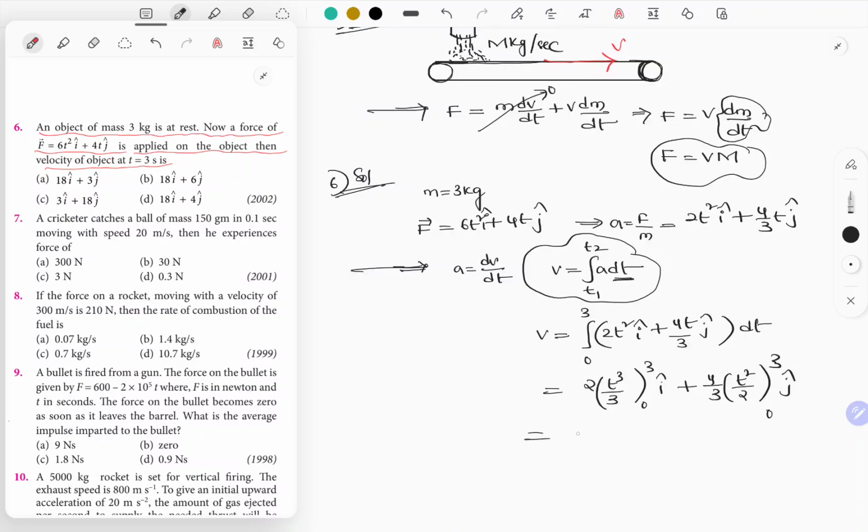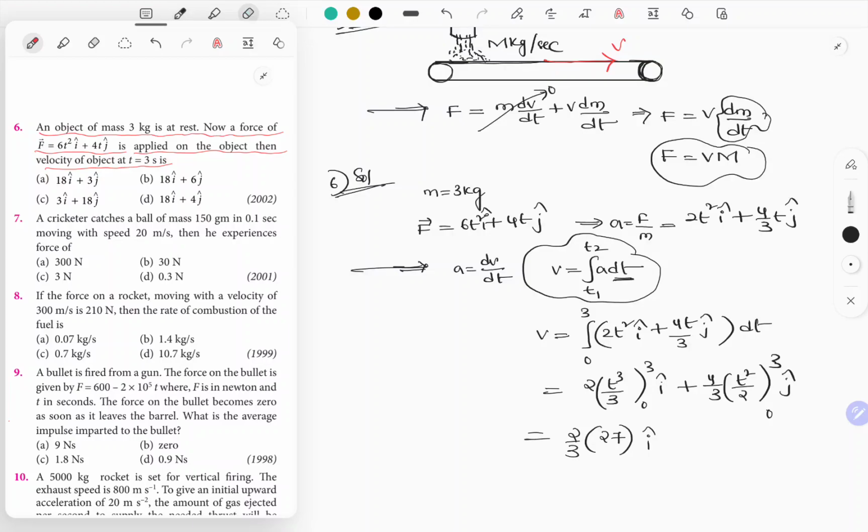j cap. So 2 by 3, if we substitute 3 cubed, it is going to be 27 i cap. So I substituted the upper limit and lower limit.